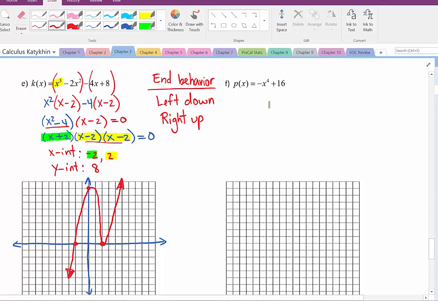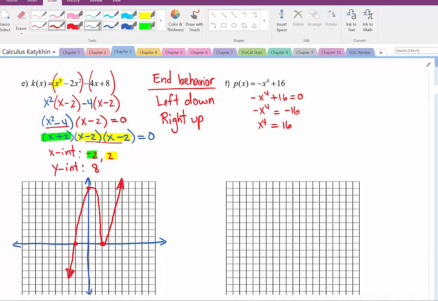Again, to find the x-intercepts, we set y equal to 0, so we have negative x to the fourth plus 16 is equal to 0 to find all my roots. Then I would have negative x to the fourth is equal to negative 16. You can divide by negative 1 on both sides and get x to the fourth is equal to 16.